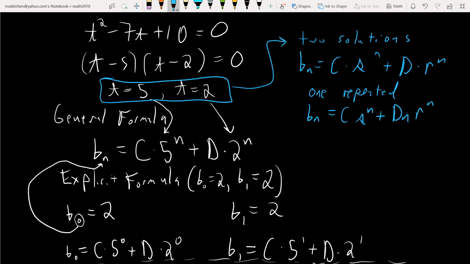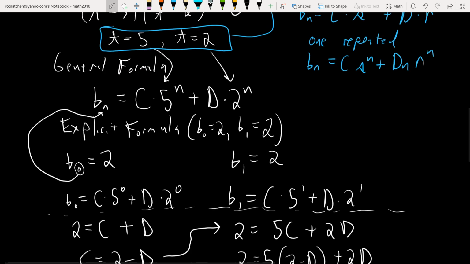And if you took differential equations, it follows the forms that you saw in differential equations, except you don't have to use Euler's formula or anything for the imaginary solutions. Okay, so there's that. Be aware you can have r be 1, and in that case it will just be c times s to the n plus d, things like that.